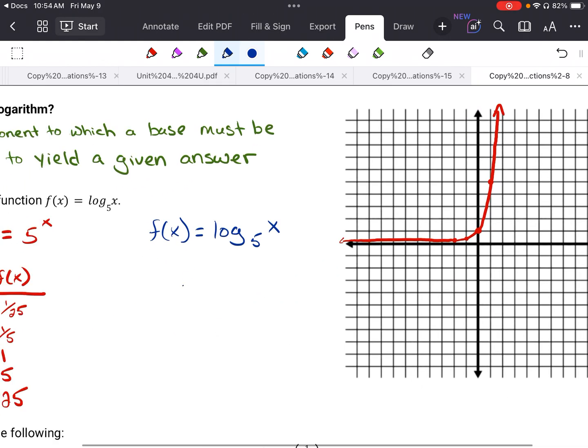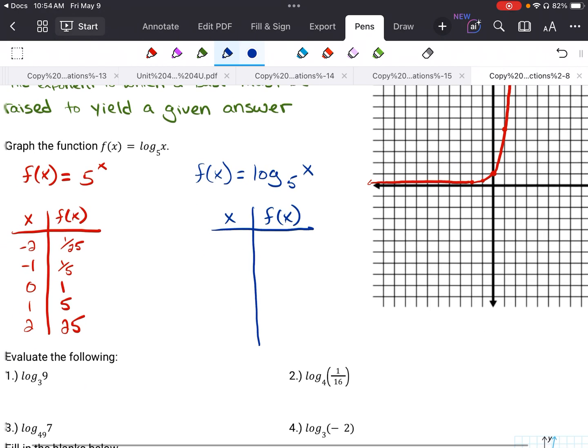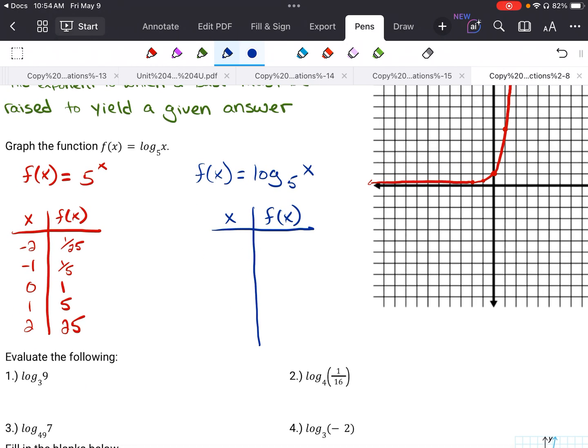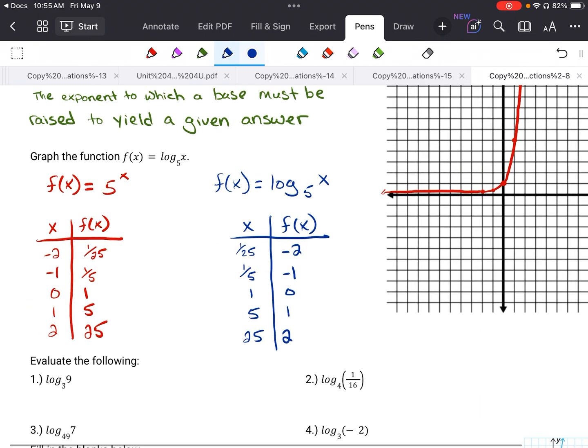Okay, for logs, so x, f(x), we're just changing it. So this is working backwards. So when x is 1 over 25, the answer is negative 2. And when x is 1 over 5, the answer is negative 1. Hopefully we get comfortable working with logs, but if it's tough for some of us, you can literally just make the chart with that base, and for your log chart, just switch the answers.